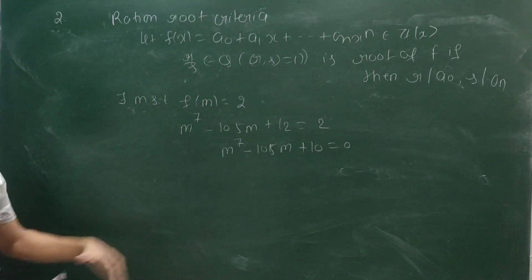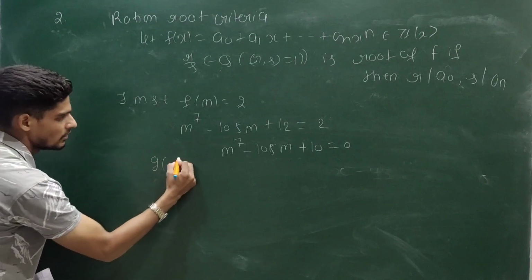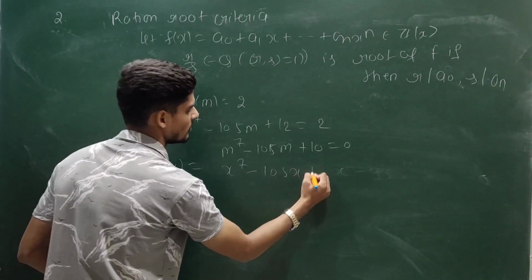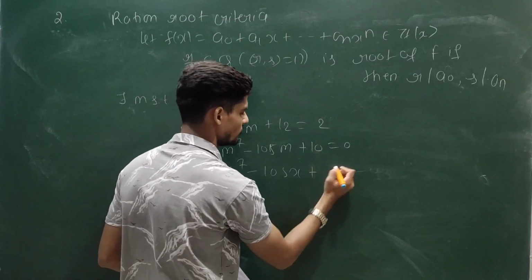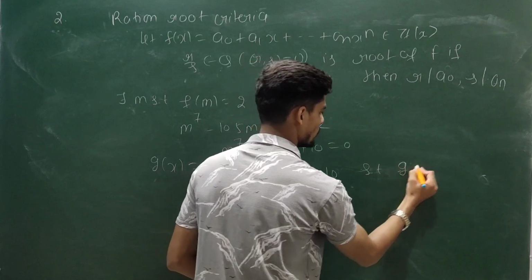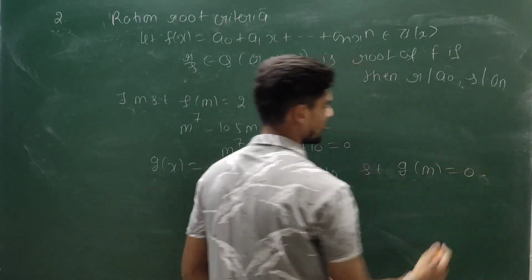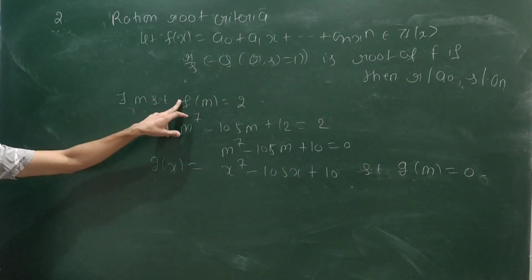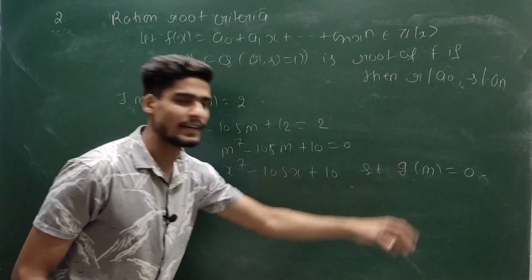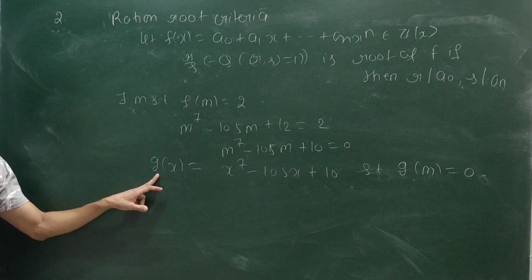So if this m exists, I can create another g of x such that x power 7 minus 105x plus 12 minus 2, that is plus 10, such that this g will be vanishing at that m. If you can give me such m, I can give you such g, such that this g will be vanishing at that integer. Now the condition on this g has a rational root.